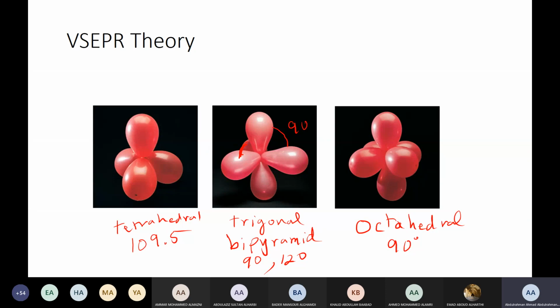All right. I also gave you this shape here. Just a second.